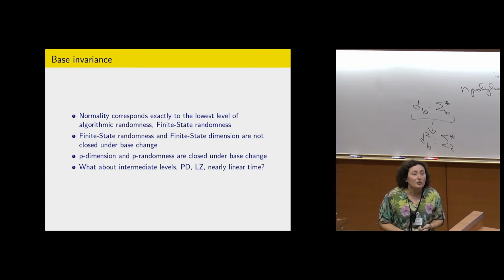What it means is that if you write a real number in base 2 or in base 3, you may get randomness or you may get nothing, a very predictable sequence. That doesn't happen for polynomial time. Polynomial time is, I think, the lowest that has been proven to be invariant under base changes. So this is a challenge to see exactly where the border is, where things start to be base dependent and why.